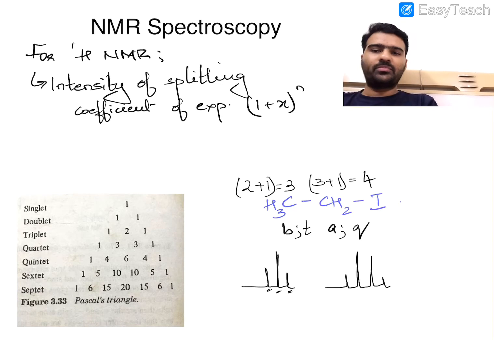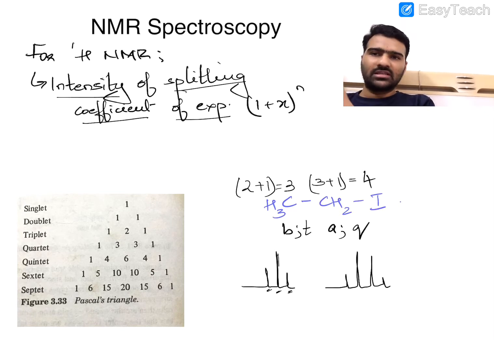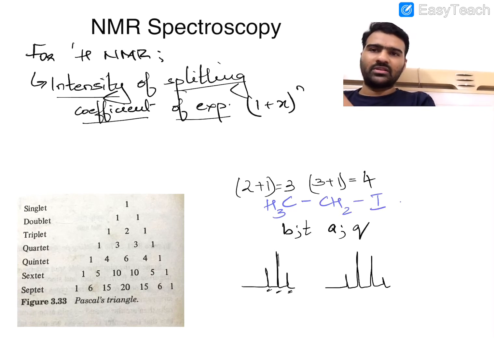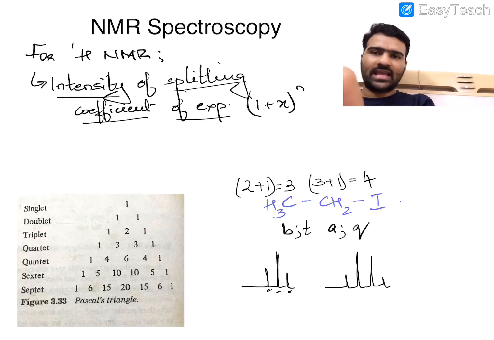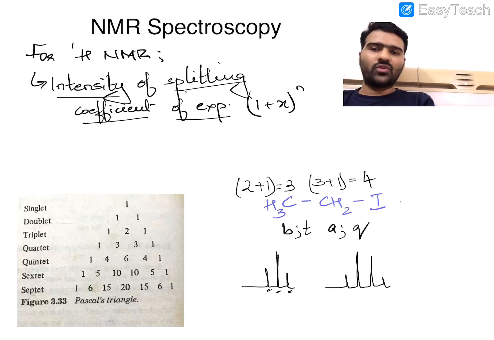And this ratio of peak heights can be given by the coefficients of expansion of this binomial, which is 1 plus x raised to n. And as you go on increasing n from 0, 1, 2, 3, so on, you keep getting a larger number of terms, and the coefficients of these terms will then help you in understanding what should be the ratio of individual heights of these peaks that are split from the main peak.